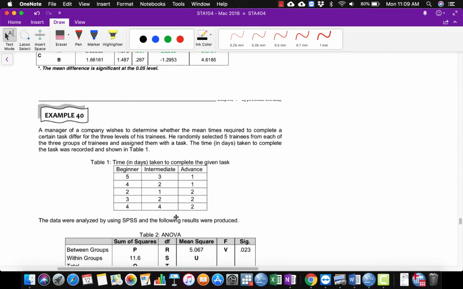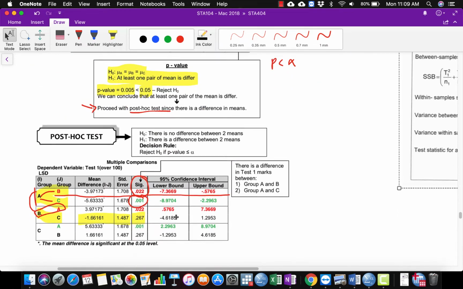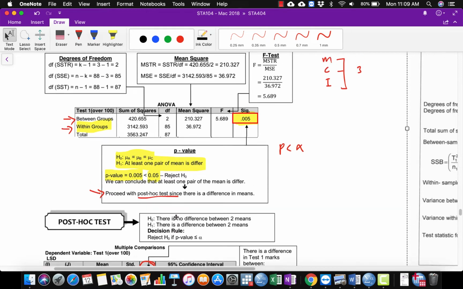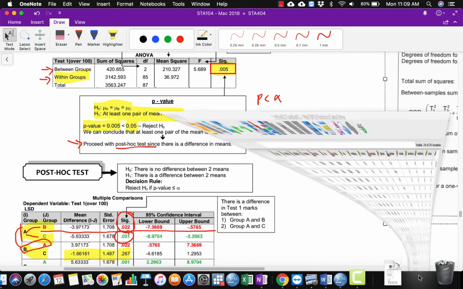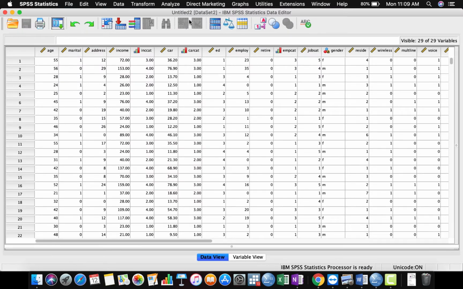Before we go to an example, I want to show you how to do one-way ANOVA in SPSS. Let's use the demo dataset. Open the demo dataset in SPSS as usual. There are a lot of variables, so we're going to remove some and keep only two variables for the analysis of variance.